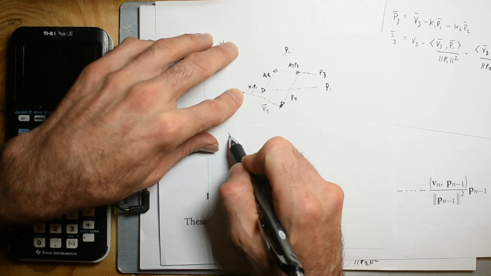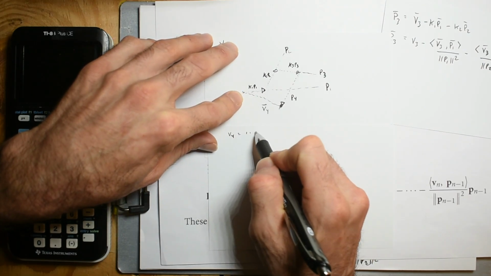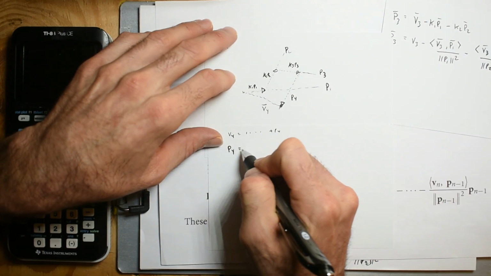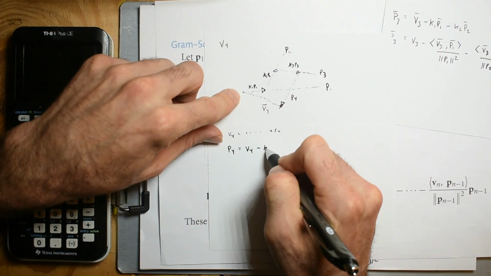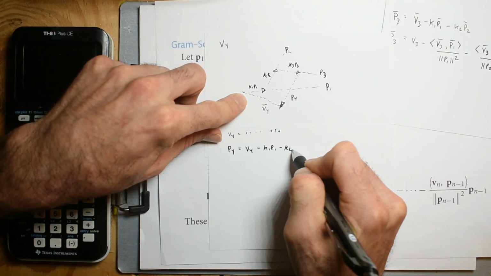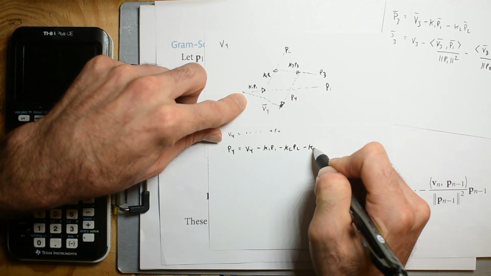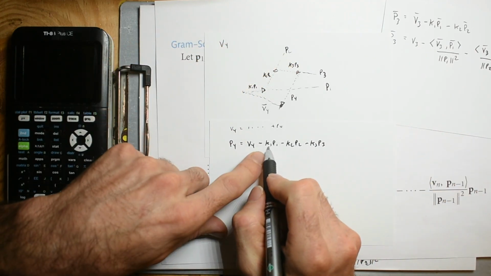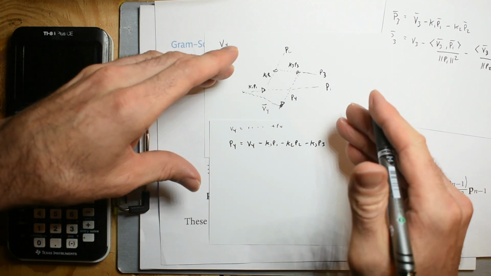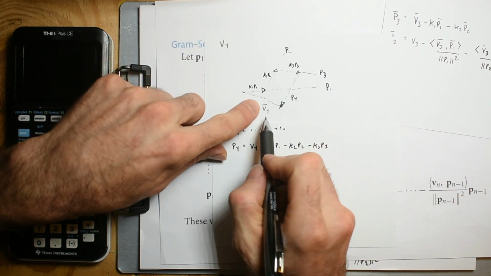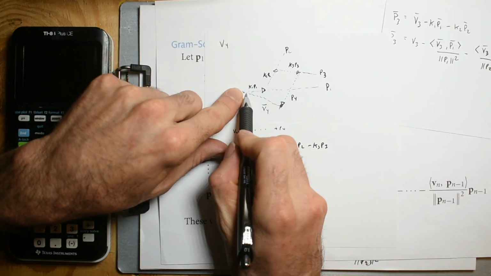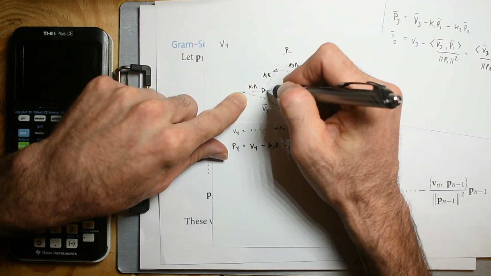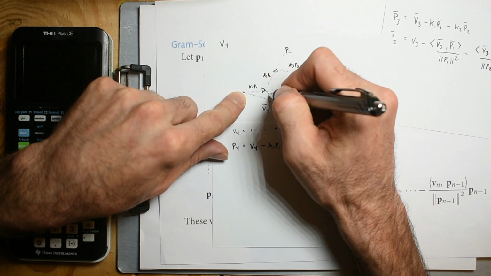If V4 is equal to all those things plus P4, then P4 is going to be V4 minus K1 P1 minus K2 P2 minus K3 P3. Then I solve for K1, so we just need an equation that relates.